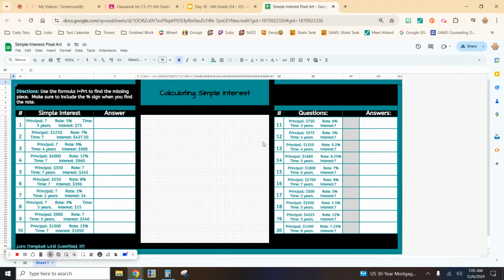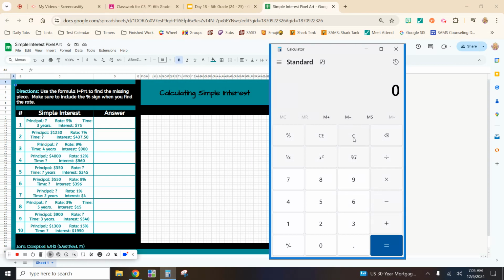On the right-hand side, you are always solving for interest. You have to move over to the right, but you are always going to be multiplying the three numbers together. The left side, you're going to be dividing every single time.